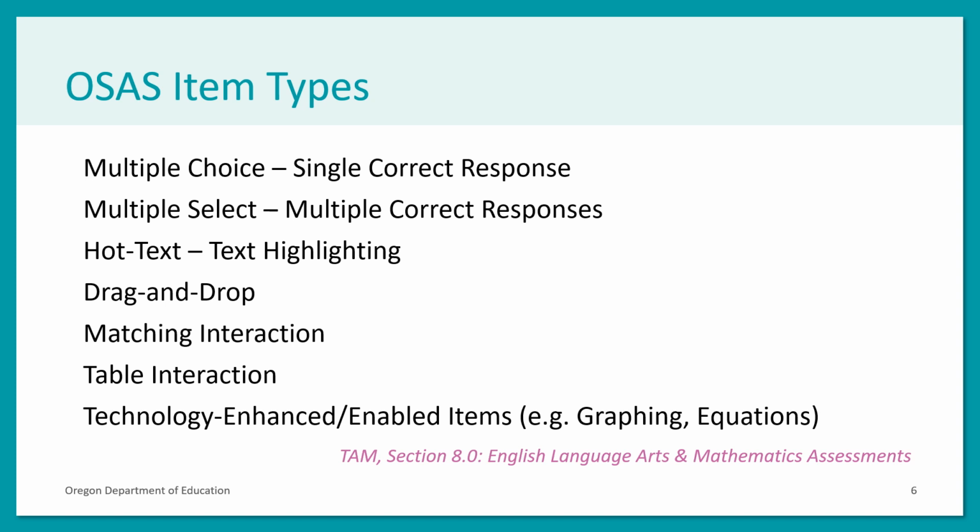Some items are technology enhanced or enabled to allow students to enter an equation or create a graph. For more information about item types, please refer to the resources section later in this module.